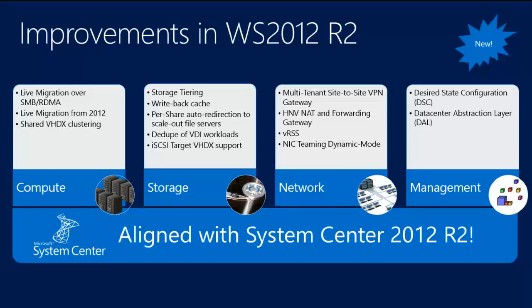We've introduced support for shared VHDX, because if you're going to run a cloud and you're going to rely on SMB storage as your primary storage, and your guests are going to require different types of storage, SANs, iSCSI, Fibre Channel for guest clustering, this storage is not going to be around. So now you have shared VHDX to enable your guest VMs to actually do clustering over shared files, basically.